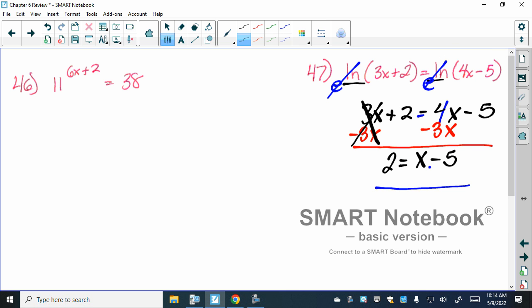Yes, because we can add 5 to both sides, telling us x is equal to 7. And we could check this here and see that we do get a positive number if we plug 7 into both 3x plus 2 and 4x minus 5. More specifically, it would give us this exact same thing. Any other questions on this here?